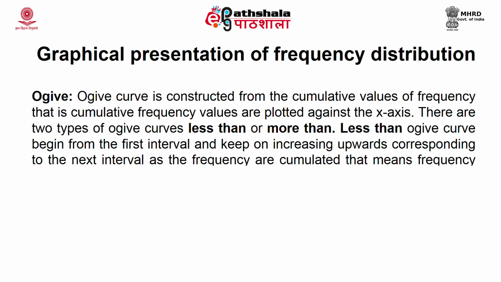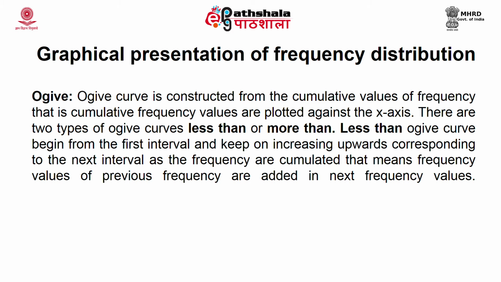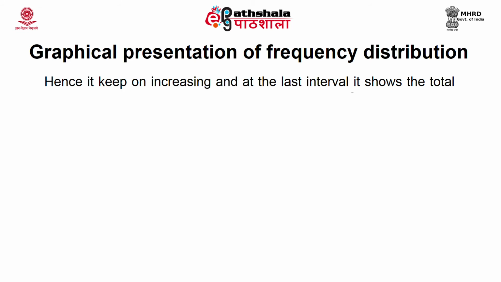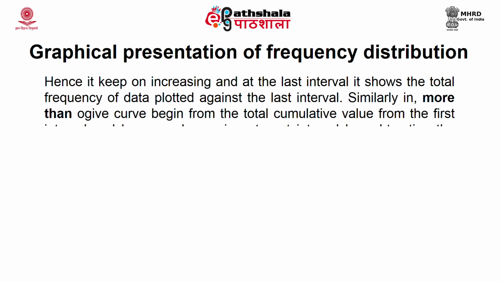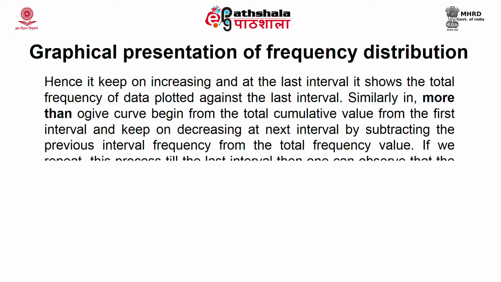In the less than ogive curve, the curve begins from the first interval and keeps on increasing upward corresponding to the next interval as the frequencies are cumulated. That means the frequency value of the previous interval is added to the next frequency value. Hence, it keeps on increasing, and at the last interval it shows the total frequency of data plotted against the last interval.